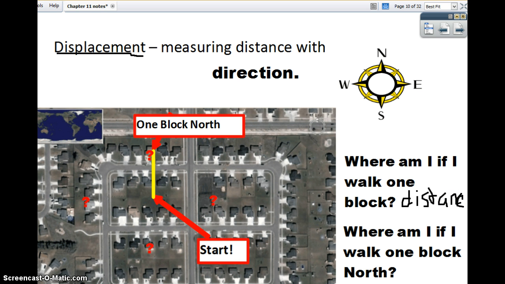But displacement has distance with direction. If I just say the distance, I might go north, I might go west, I might go south, you never know. But if I say where am I if I walk 1 block north, this is displacement because it includes a direction.